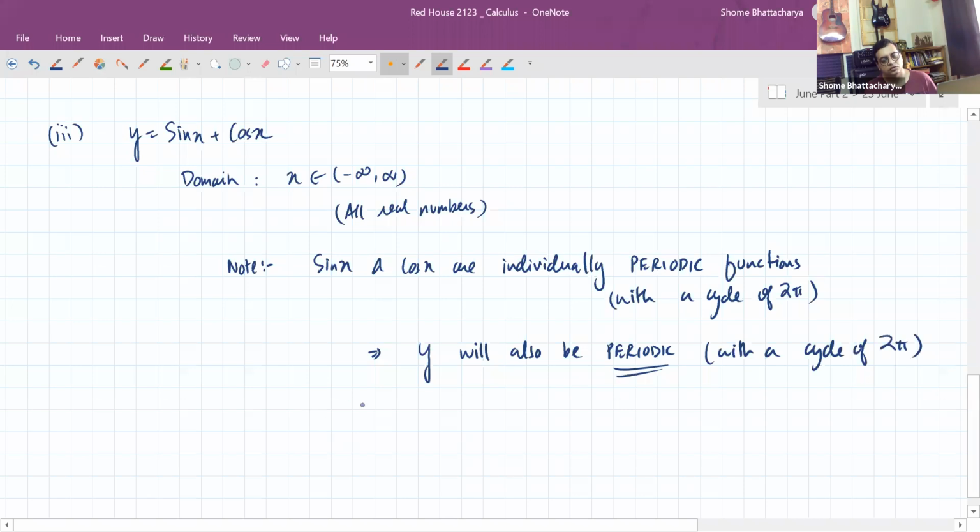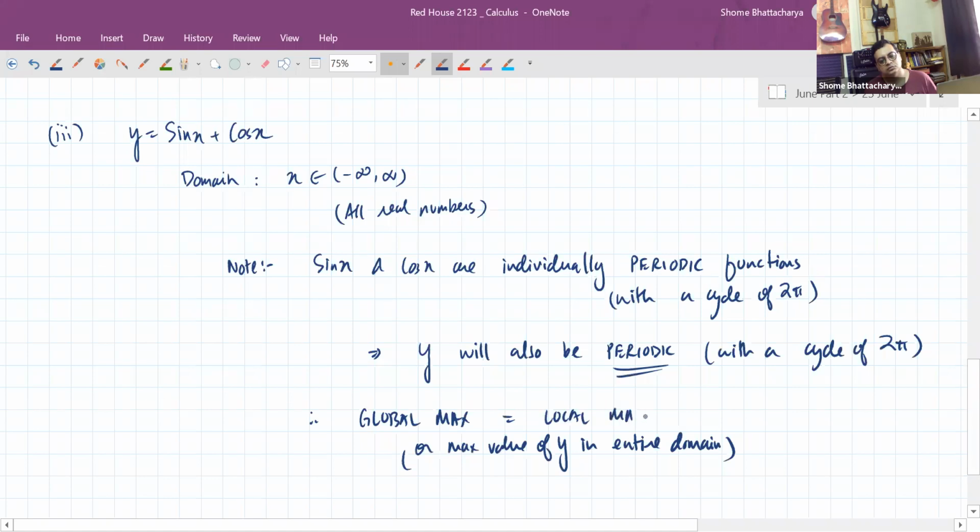So therefore the global maximum, or maximum value of y in the entire domain, will be equal to the local maxima within 0 to 2 pi. And likewise, the global minima will also be equal to the local minima.